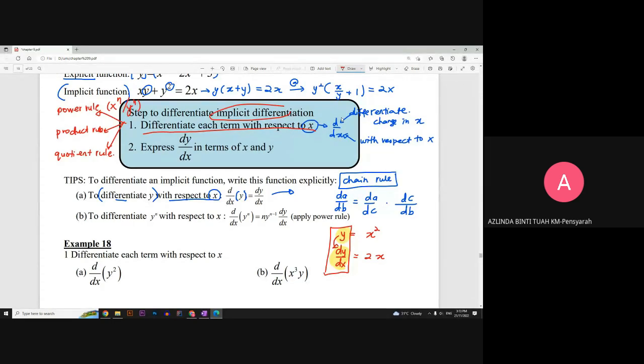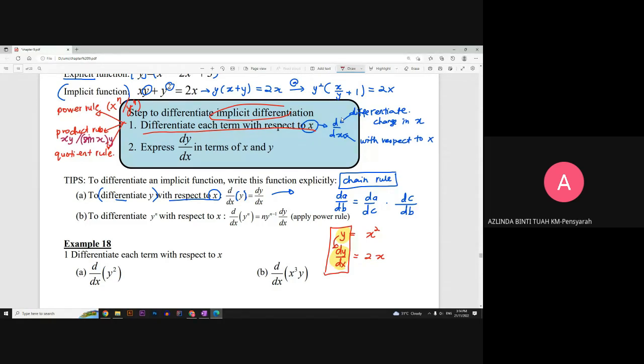when you have to apply the product rule, whenever you see two terms or two functions multiply each other, whenever you see x times y, or you see sine x times with y, so you can see two functions multiply each other.